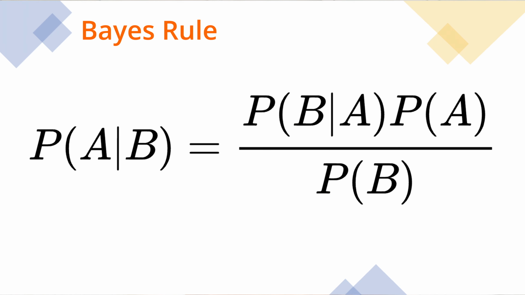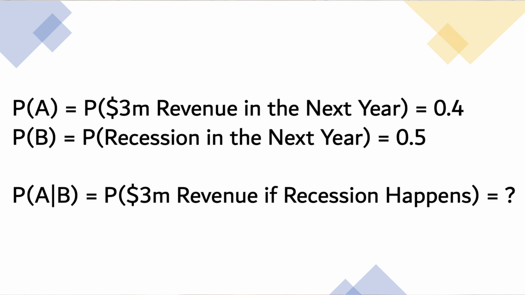Let's go further. If you look at the formula here, it says the probability of A given B equals the probability of B given A multiplied by the probability of A, all over the probability of B. Here we know the probability of A. Let's say it's having a revenue of 3 million for the next year, which you already calculated.